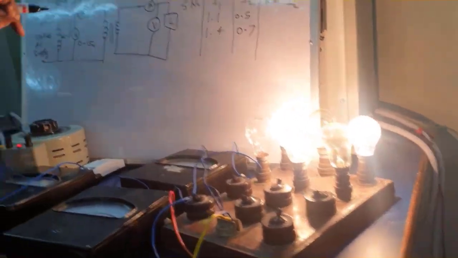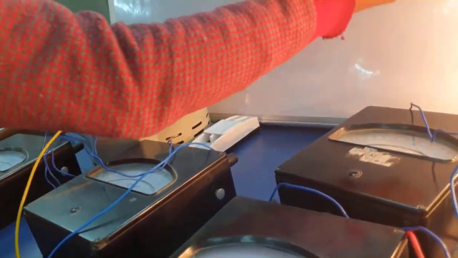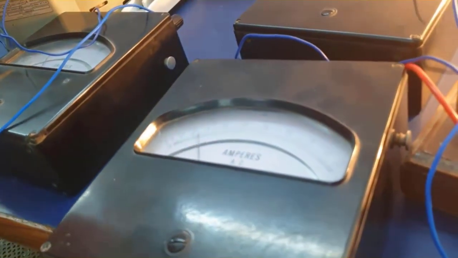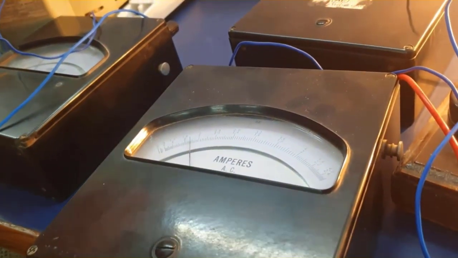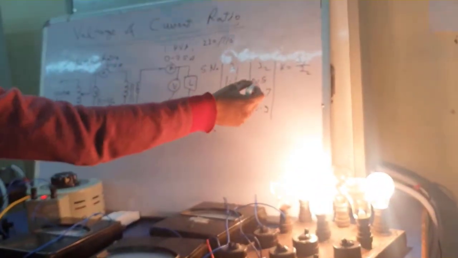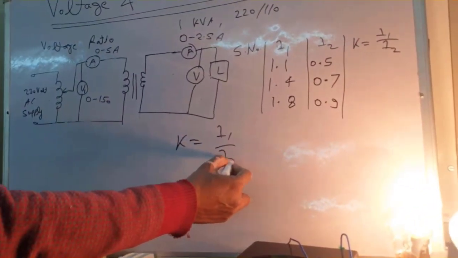Similarly for the third reading, it's 1.8 and I2 current is 0.9. So these are the observations, and with the help of K is equal to I1 upon I2.